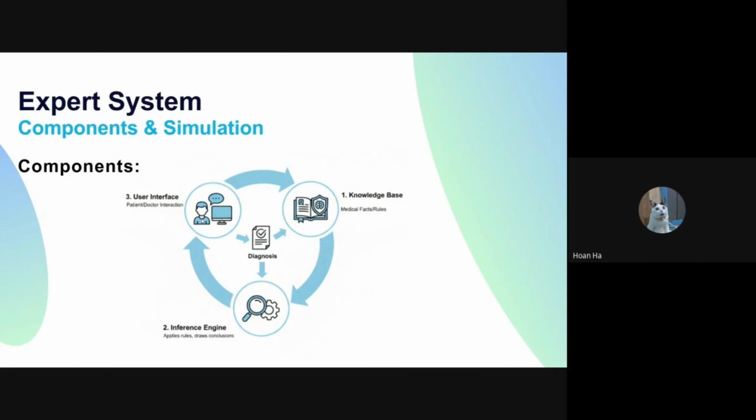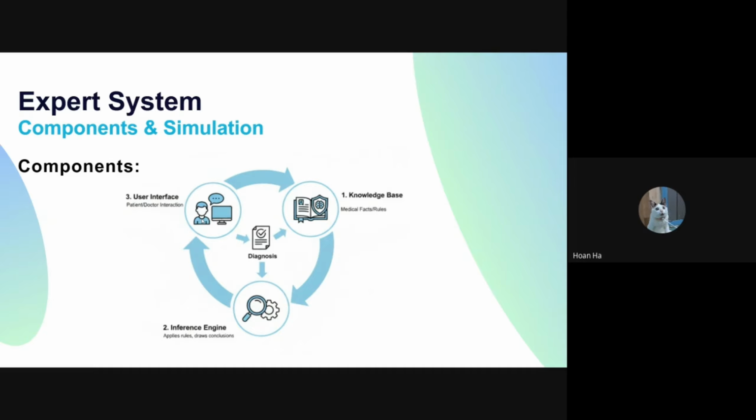To understand our project, let's first review the fundamentals of an expert system. An expert system is a computer program that attempts to simulate the knowledge and reasoning ability of a human expert, in our case, a physician.